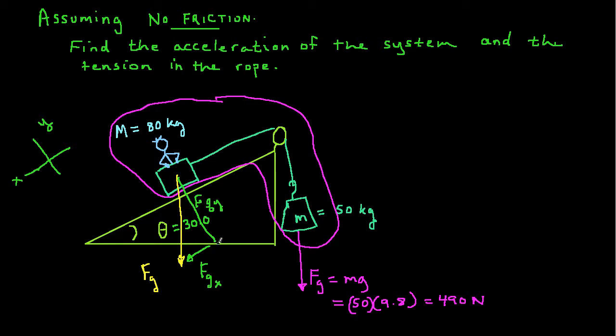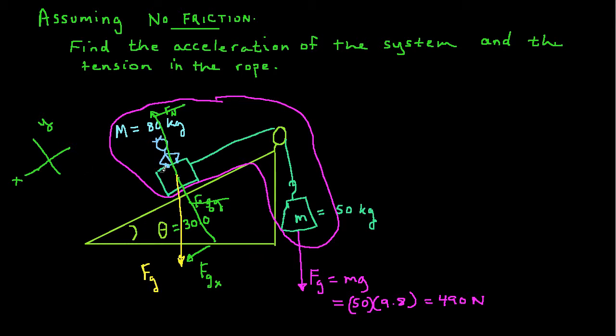Now, I propose that FGY is not really of interest to us. Why is that? Because the object is not moving in this direction. So there must be another force totally balancing this out, which would be the normal force between these two objects. So there is an upwards force here, Fn, and these two cancel each other out.